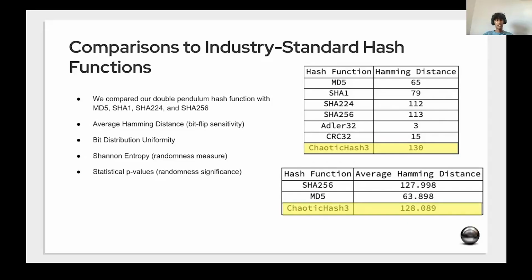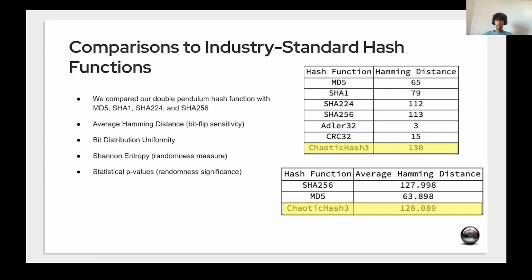Hamming distance just measures the avalanche effect of a function. So you take two very similar strings with only a single bit flipped, you run both of those strings into the hash function, and you measure the variance in each of the outputs. So how much does changing a single bit of an input lead to a divergence in behavior? It leads to an avalanche in chaotic behavior.